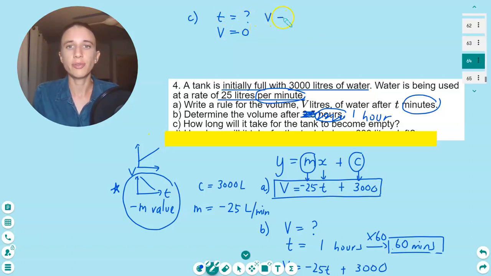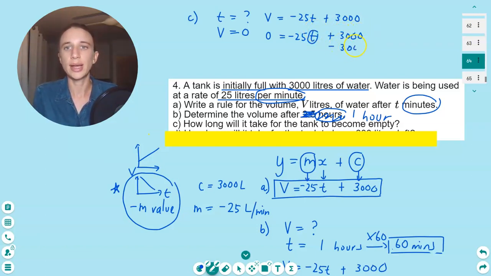And let's use it. V equals negative 25t plus 3,000. Okay. So I'm substituting V as 0. T I don't know, so we've got to rearrange. And circle T. I'll get rid of this 3,000 first.